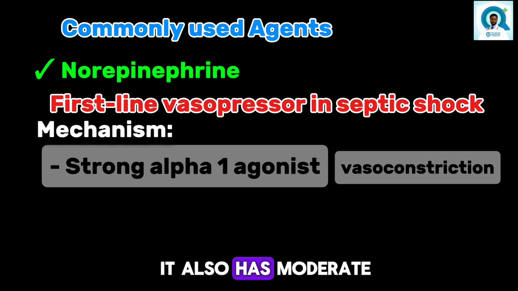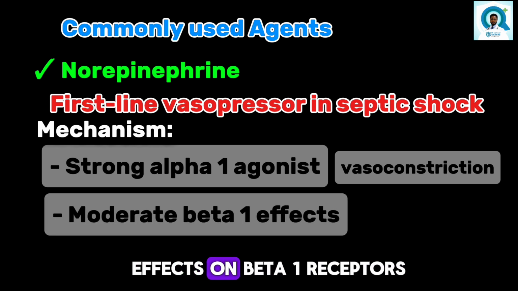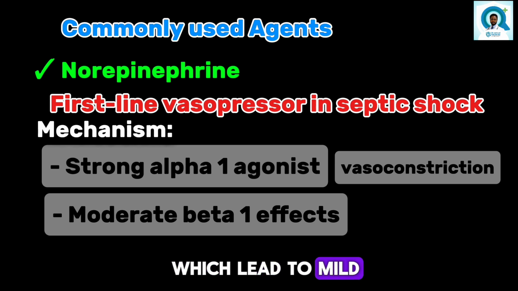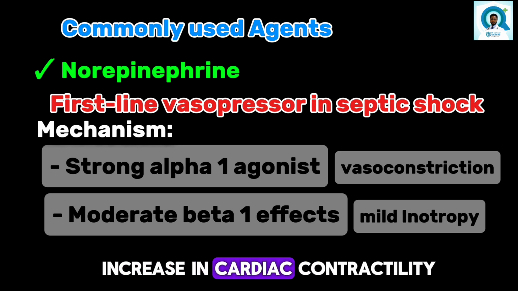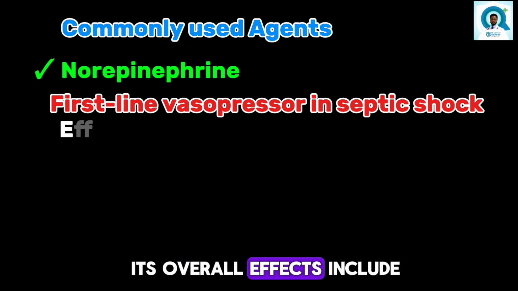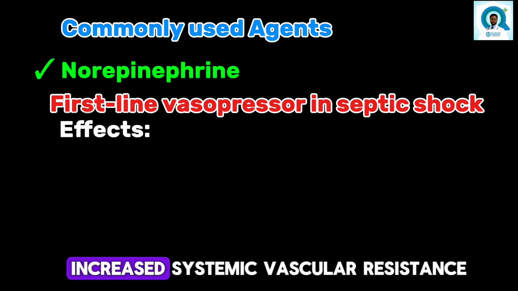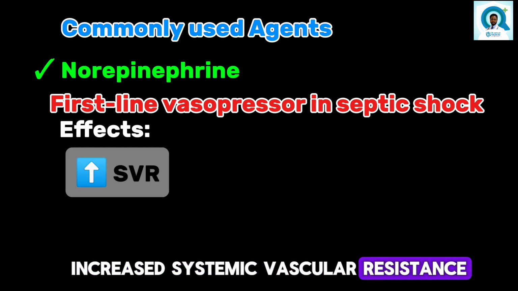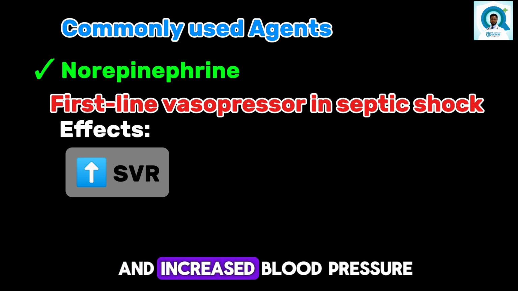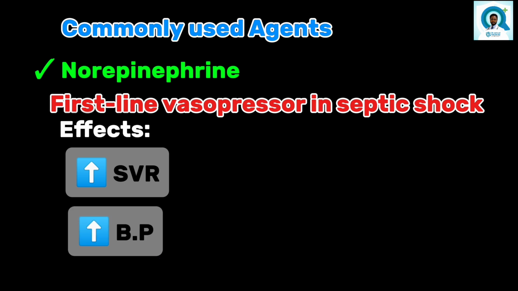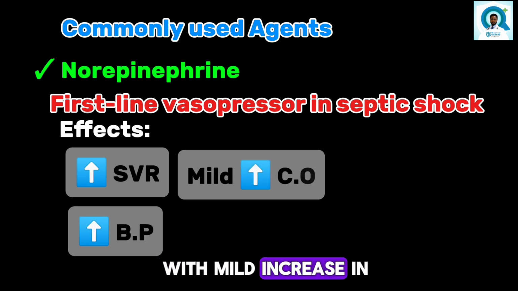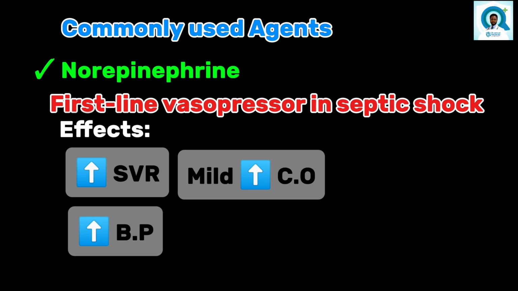It also has moderate effects on beta-1 receptors, which lead to a mild increase in cardiac contractility. Its overall effects include increased systemic vascular resistance and increased blood pressure with mild increase in cardiac output.